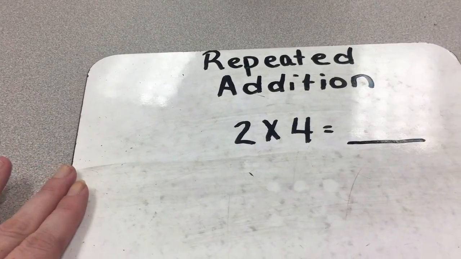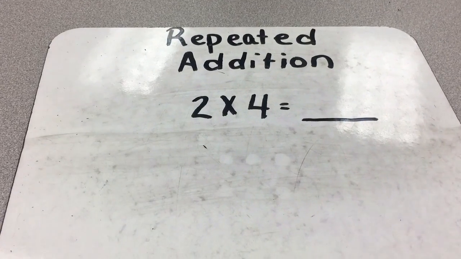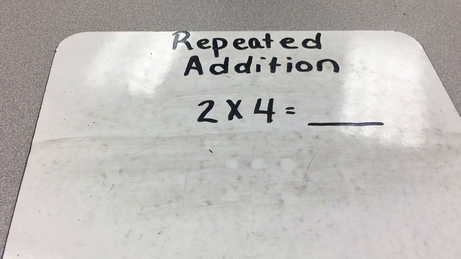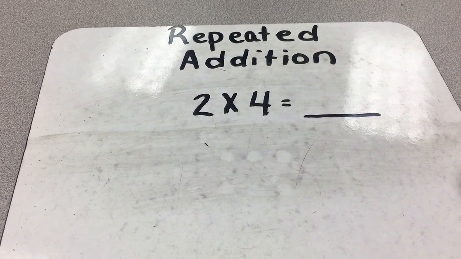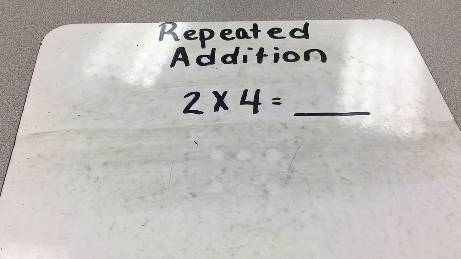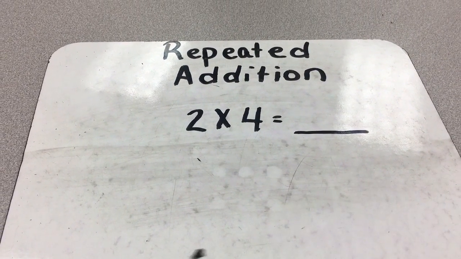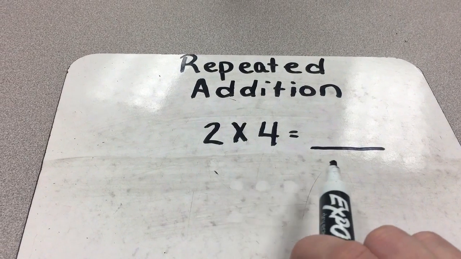The next strategy is repeated addition. Repeated addition is for those students who are much more comfortable with adding at this moment. It's a little bit of a bridge between addition and multiplication. Again, remember in this problem, 2 times 4 equals blank.